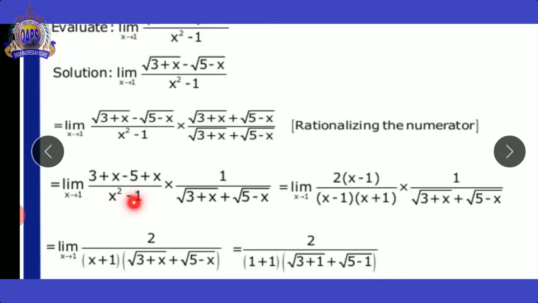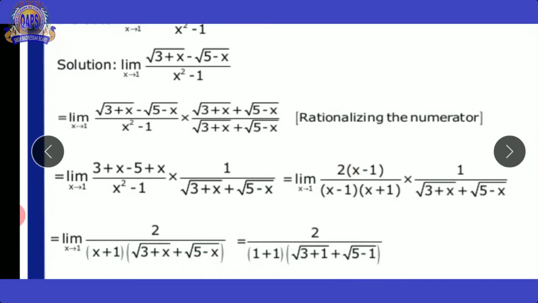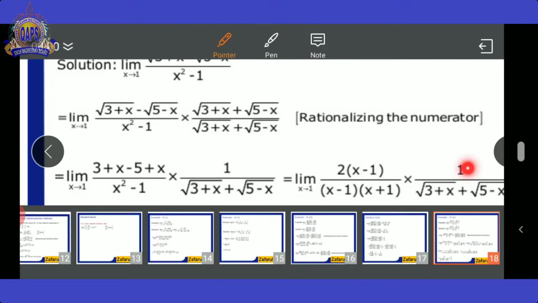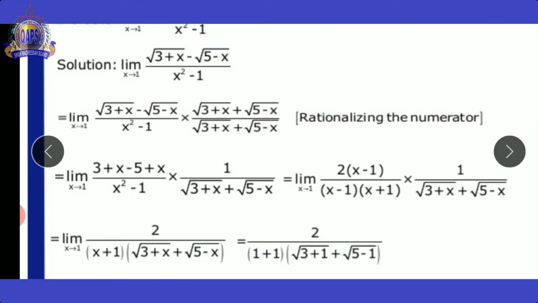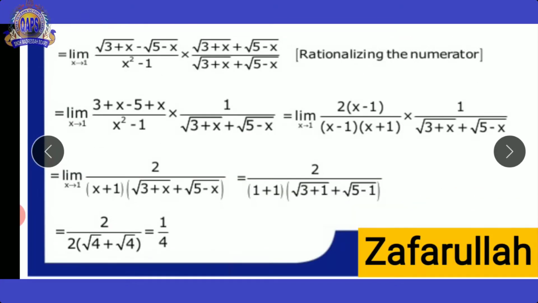And here x square minus 1, applying the formula x minus 1, x plus 1, and this x minus 1 will be cancelled. So same here, 2 multiply 1 is equal to 2, and x plus 1 multiplying both terms in the bracket form is the same.